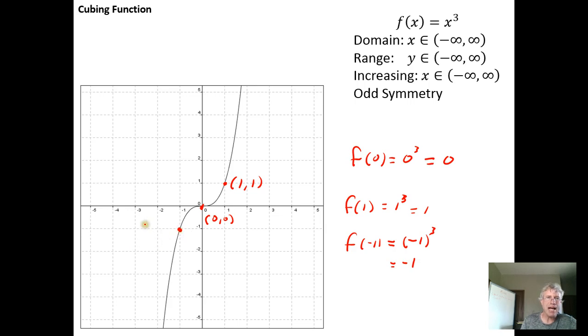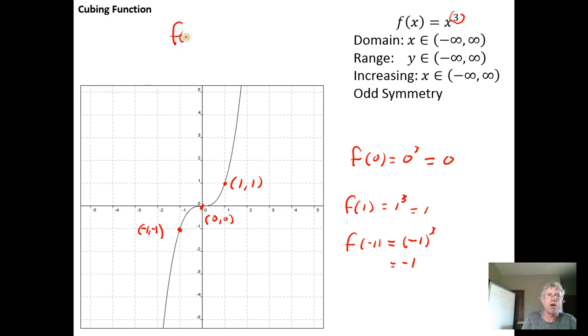This function has odd symmetry. It's a reflection of itself through the origin. Input a -1, output a -1. So that's the cubing function, and he grows fast. This cubing makes things grow fast.